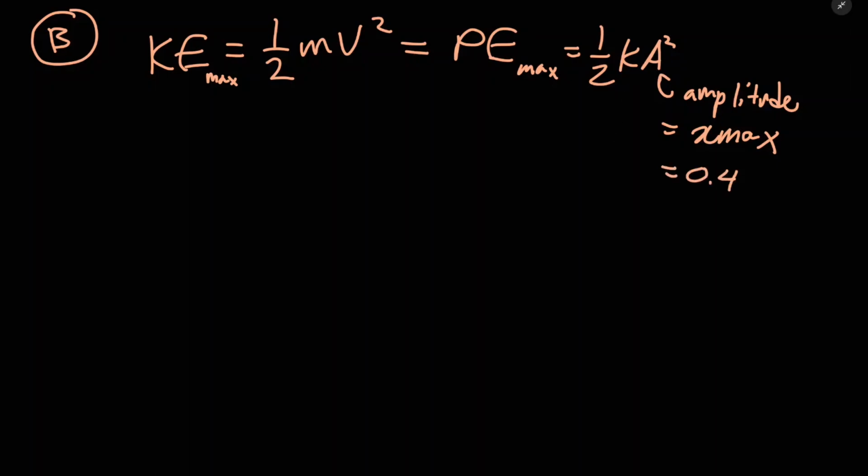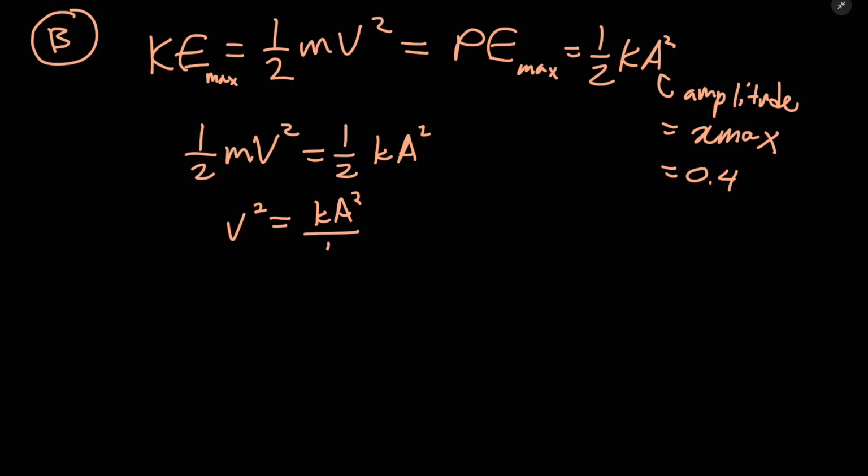So we can actually solve for this by setting 1/2 mv squared equal to 1/2 kA squared, and solving for v gives v squared is equal to kA squared over m, and then you can square root both sides. So v is equal to the square root of kA squared over m.